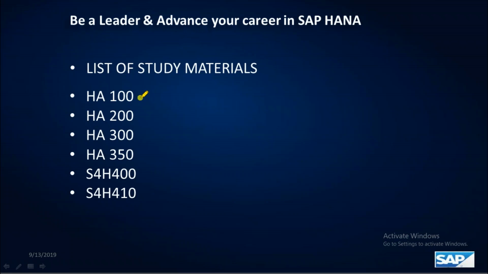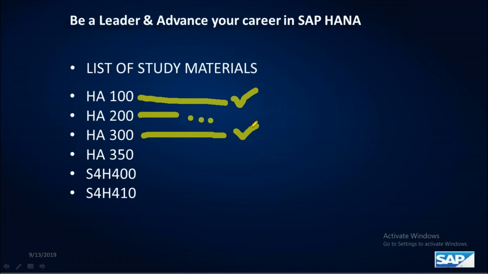So we have here HA100. This is the foundation on HANA. Then HA200, this is the basis administration for database administrators, network, and security administrators. Then HA300 for data modeling in HANA.